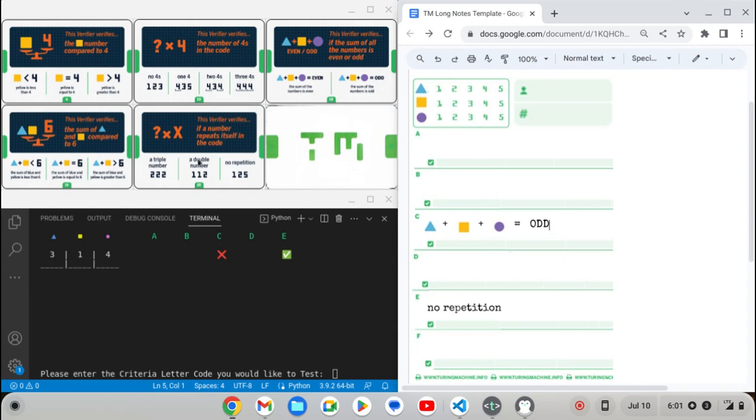Okay, and we do have this card, criteria card B. So at this point, we know either there is a 4 or there isn't. And so if there is no 4, that would mean that indeed we have all 3 digits being odd.